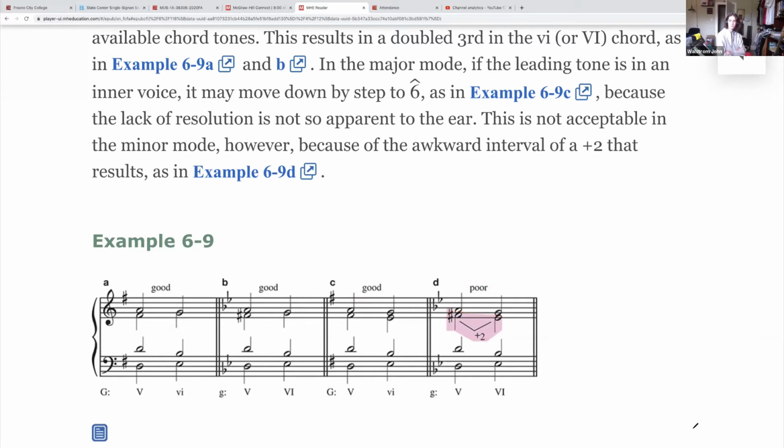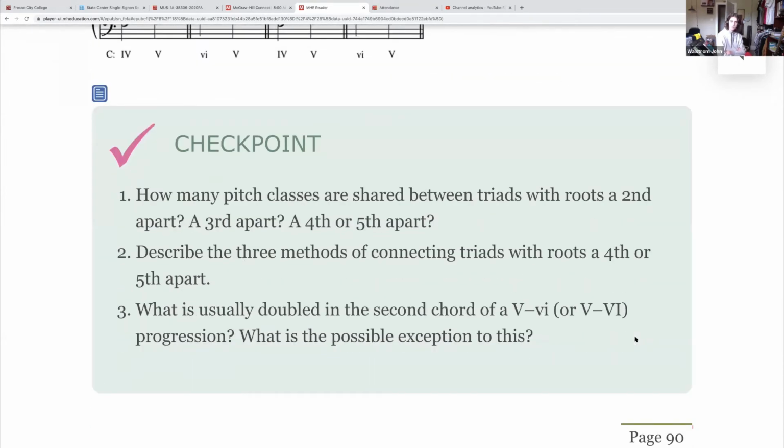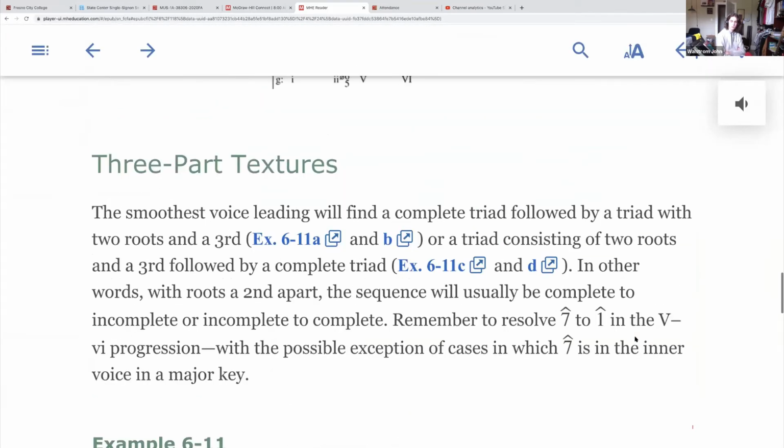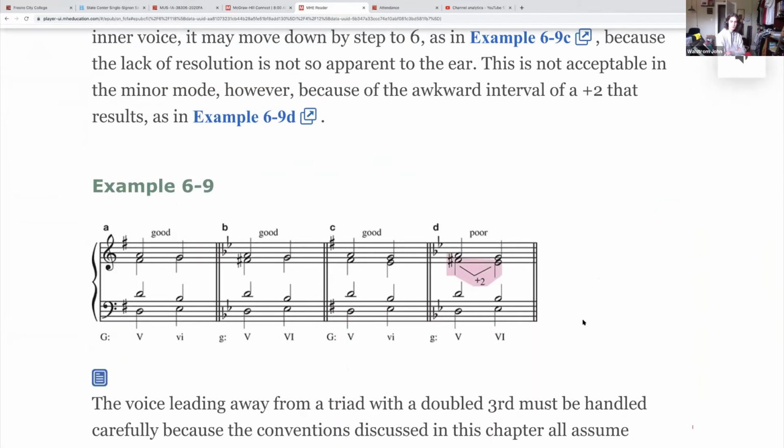Let me read this one more time. What is usually doubled in the second chord? What is the possible exception to this? Well, in minor and in major, if we look at C, which they've called good, we do double the root. The exception is we don't double the root in minor.